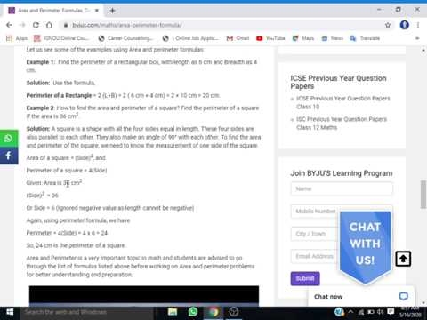Obviously the negative value has to be ignored, because a negative number cannot be represented as the side of any geometrical figure. So we consider the positive value: plus minus 6 is treated as plus 6. So side equals 6 centimeter. Using the perimeter formula, perimeter equals 6 into 4, which is 24 centimeter. The final answer.